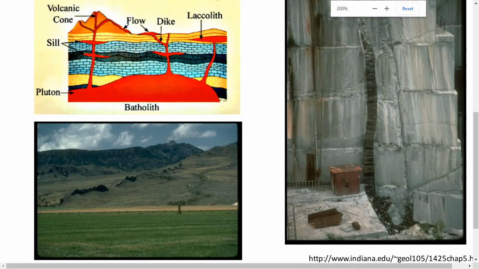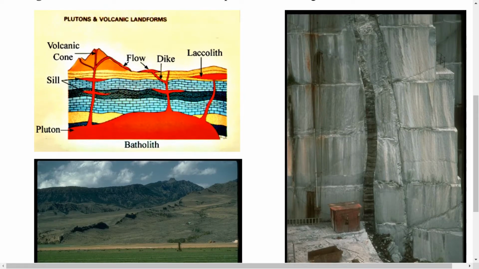Okay, let me see if I forget anything. So these are, remember, natural hydraulic fractures. There is one more type of natural hydraulic fracture, which is a sedimentary hydraulic fracture.